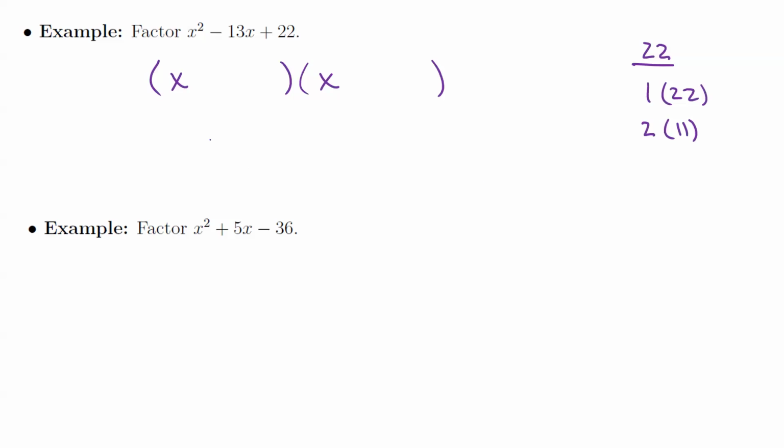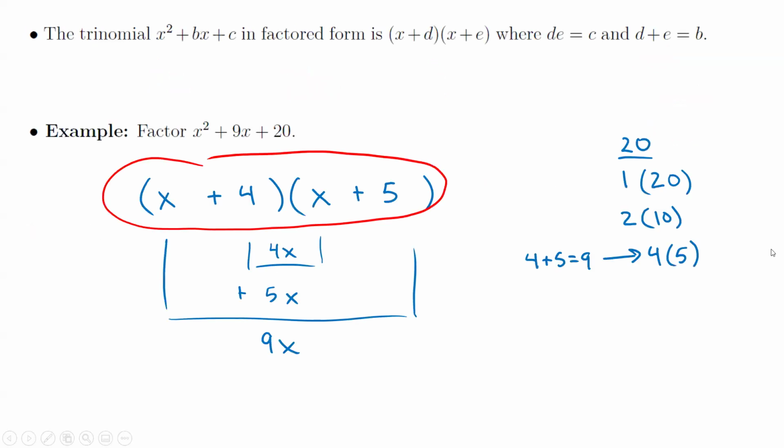Now, here's what we have to think about. I need the outside plus the inside to equal negative 13. Okay? I need it to equal negative 13. Let's understand that when I made my list of possibilities in the last problem, I actually didn't give a complete list, and here's why.